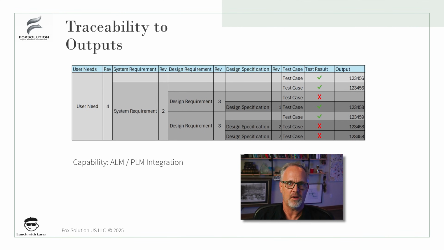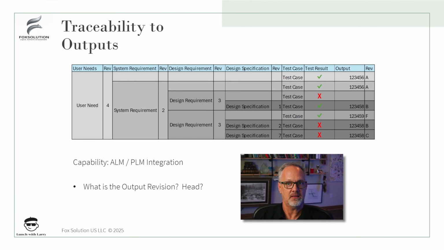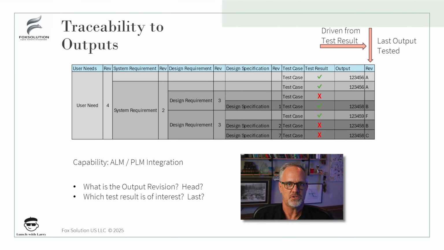And so we're going to then provide a link from the output to the requirement. And of course, we're still at this last test result, but which output is it referring to? We have the part number, but we don't have the revision level. Is it the head revision, or is it just the latest revision that's associated with some DMR? Which result is the one of interest? Is it the last one? And so these reports are sort of driven left to right.